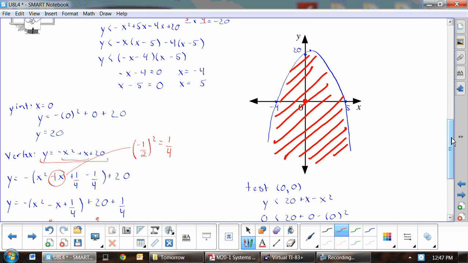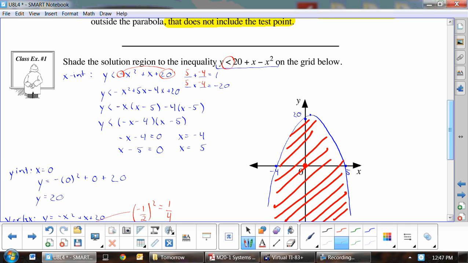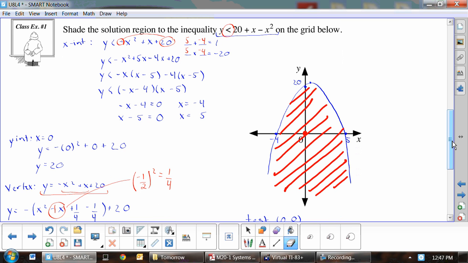Okay? So, something I did wrong in this question. It's not a big one, but it's one that a lot of people will make. It's not a big one, so you won't have to erase a page of notes. Yeah, exactly, Paul. Because our inequality does not have an equal, it needs to be a dotted line. Okay? So this is something that we're going to be looking for on your tests.